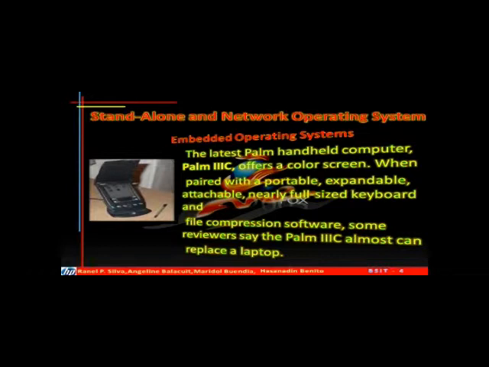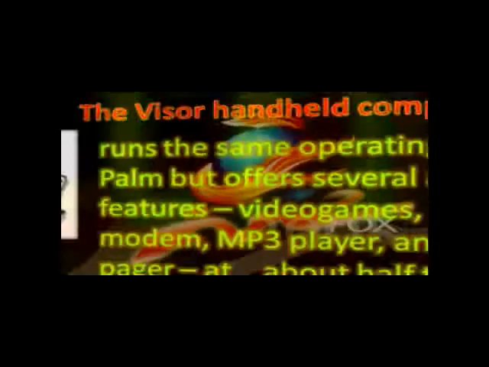The latest Palm handheld computer offers a color screen. When paired with a portable, expandable, attachable, nearly full-sized keyboard and file compression software, some reviewers say that a Palm III almost can replace a laptop.